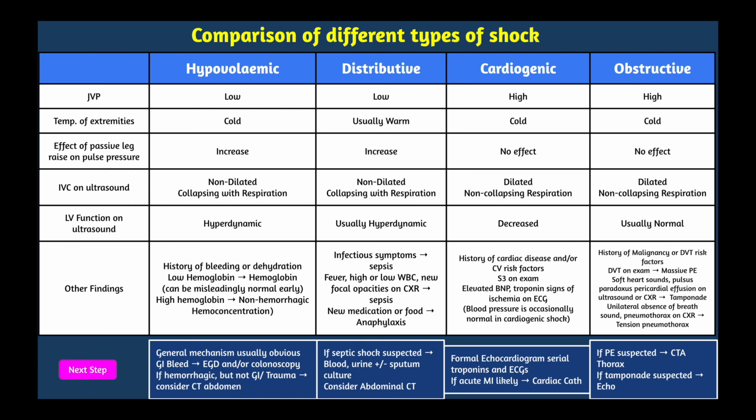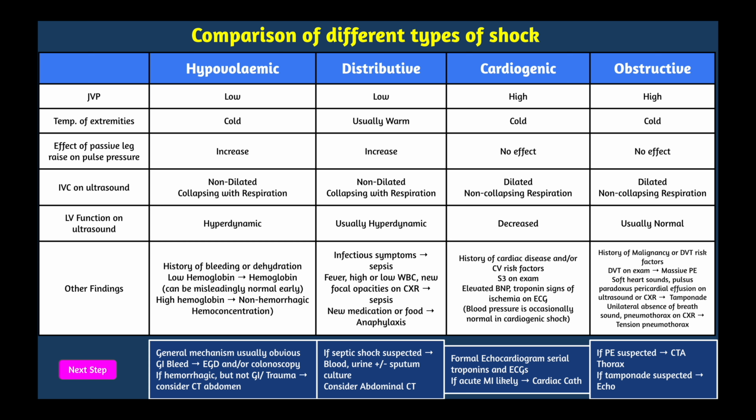Again, the temperature of extremities also may differ. In septic shock or distributive shock due to peripheral vasodilation, you may actually appreciate warm peripheries. The left ventricular function on ultrasound is usually hyperdynamic in hypovolemia due to the compensation by the adrenergic response.